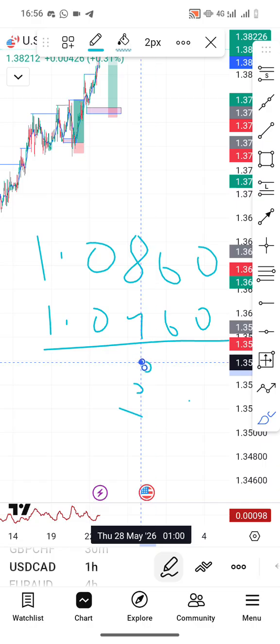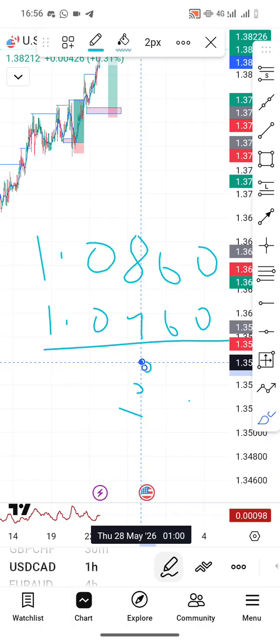Are you seeing it? This is how I personally identify what the market is doing. The market was at 1.0860 before, and it went to 1.0760. So at this point we have dropped down 100 pip.